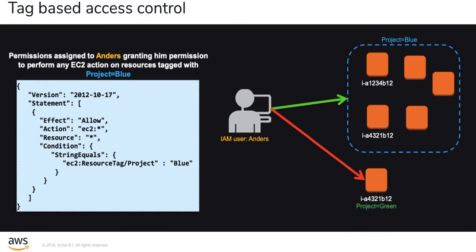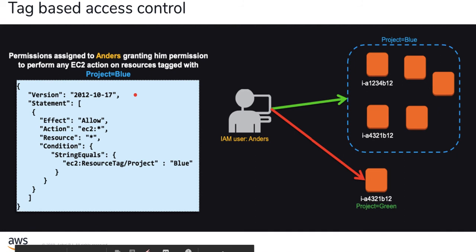There is also something called tag based access control, which is very important. In recent years, it has become a very important part of IAM. What you could do is attach tags to these resources, and control the access of your IAM users based on these tags.